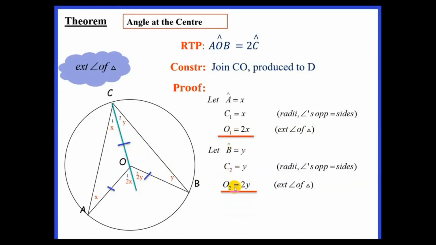Now if we look at angle O1 and O2 and we add them together, we get O1 plus O2 is equal to 2X plus 2Y.